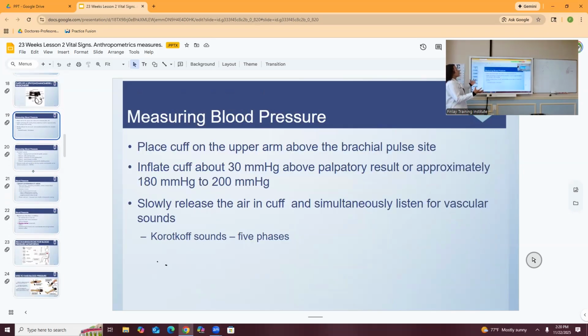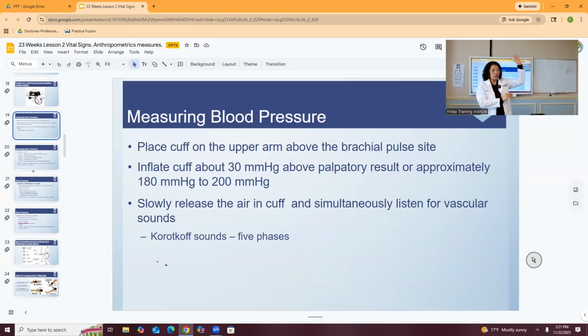So what are we going to do? How are we going to measure the blood pressure? We are going to first place the cuff on the arm of the patient. We have to make sure that we select the artery. You can touch, you can look for the artery. The artery is in the antecubital fossa and is aligned with the pinky, okay? In the inner part of the arm.